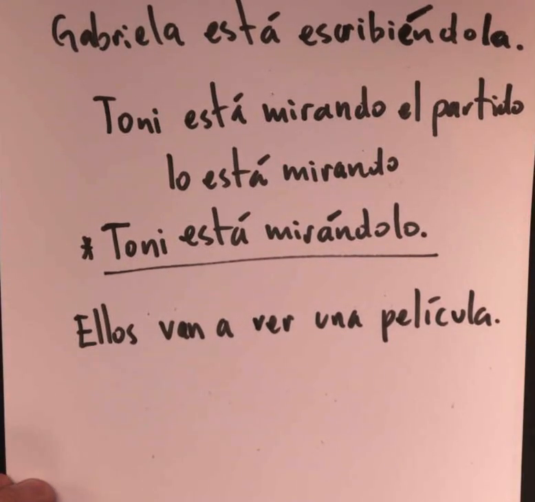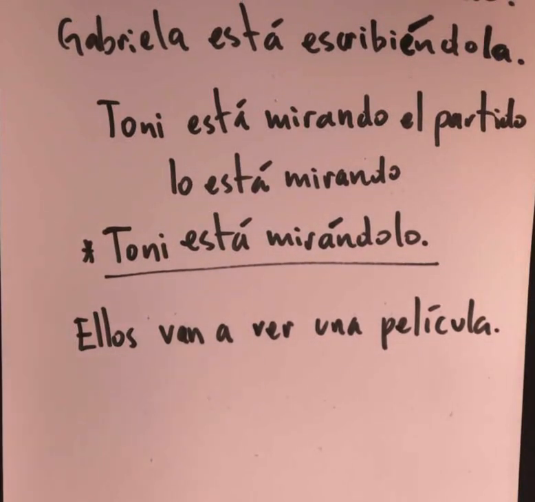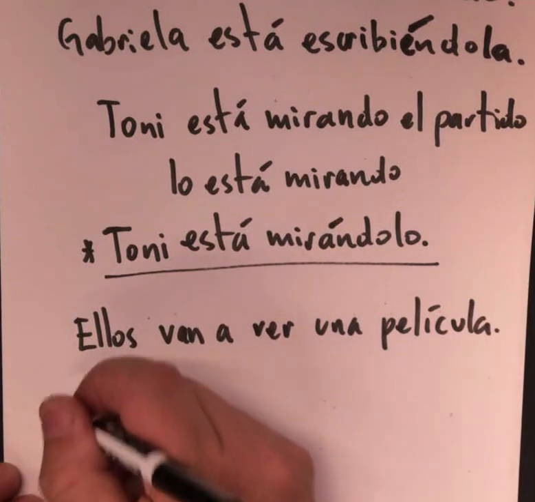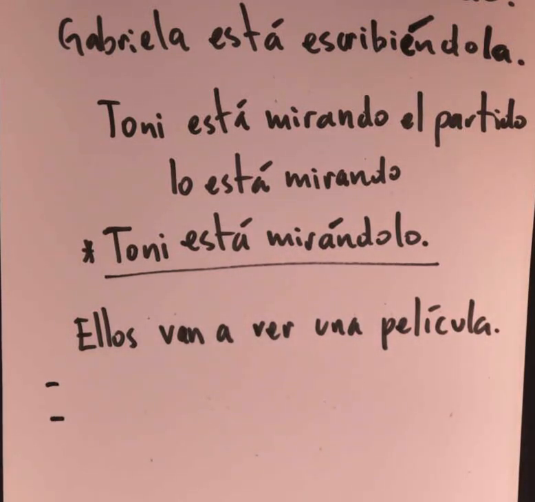Ellos van a ver una película. Okay, what I want you to do is to pause the video and then try to do the two cases, okay? Work on the two cases. How do you say it using the direct object pronoun in this case? Okay? Pause the video.